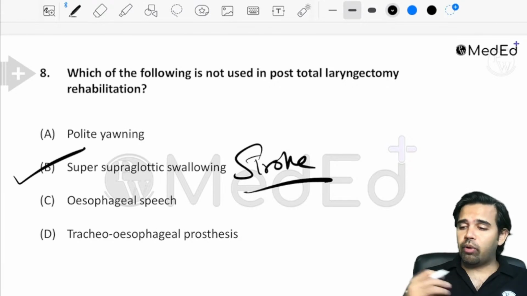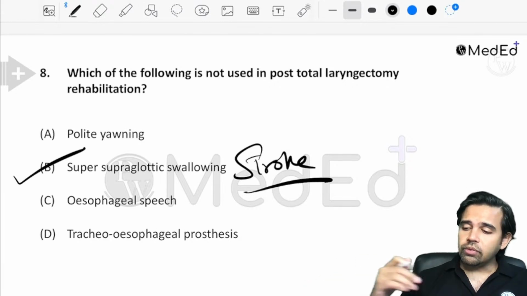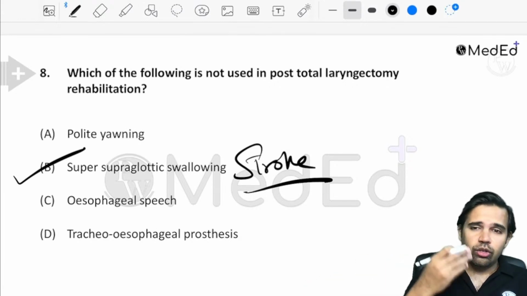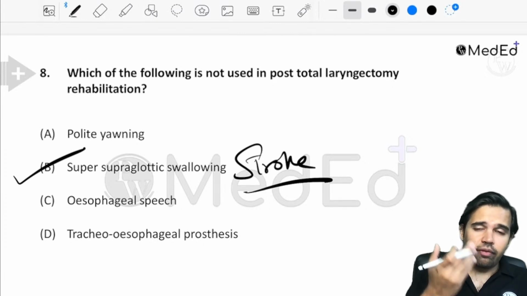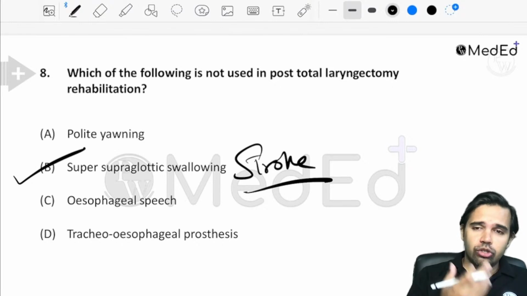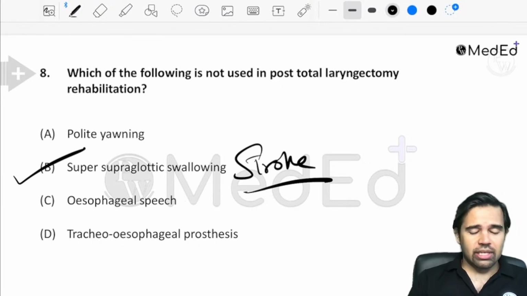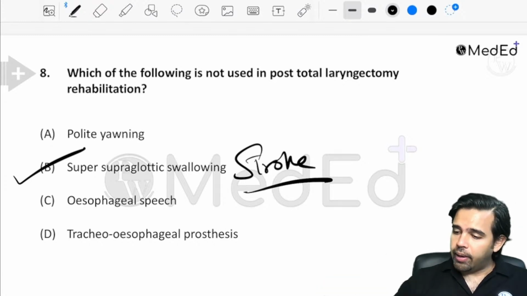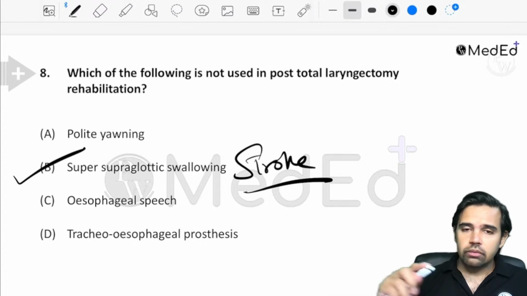With polite yawning we try to get the air towards the olfactory area and teach patients to recover some of their lost smell, because if smell is not there, appetite and food intake go away.